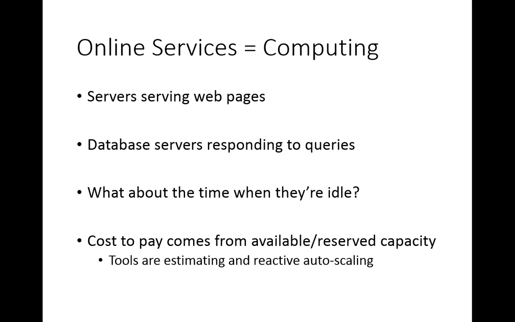Online services is computing. Servers serving web pages, database servers responding to queries. Well, what about the time when they are idle? Well, the cost to pay comes from available reserved capacity, so that your servers are responding to your average user load when you know that it's occurring.